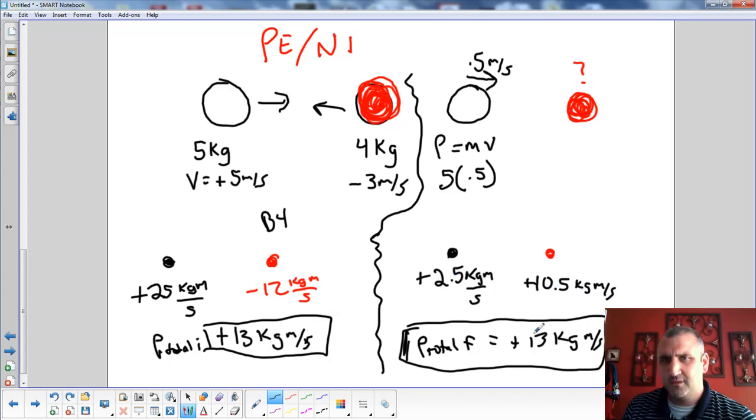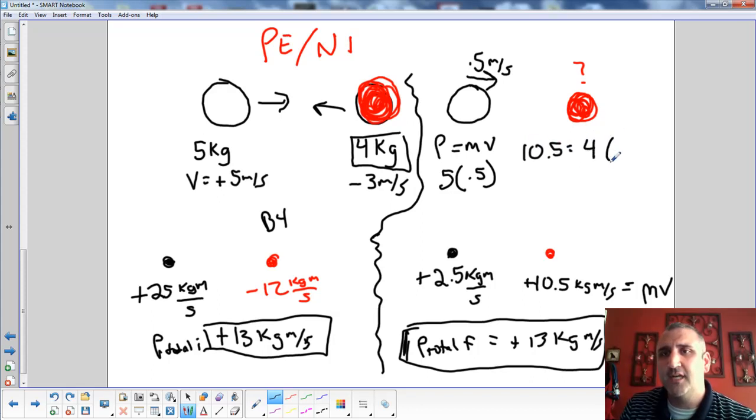Cool. Well, now I want to know what the ball's doing, but I know its momentum. But if we know its momentum, that equals its mass times its velocity. Do we know the red ball's mass? Yup. Do we know the red ball's velocity? No, but we can figure that out because we know the total momentum. So 10.5 equals the mass 4 times the velocity.